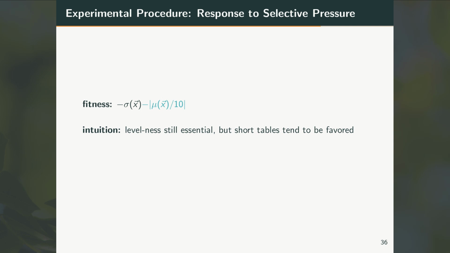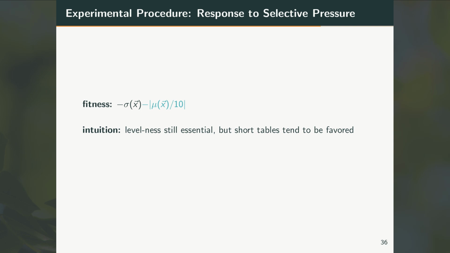So now we want to evaluate our method's ability to systematically explore the set of tables and respond to a slight selective pressure, in this case penalizing tables for being tall, right? This new term in blue just penalizes based on the mean value of the leg lengths.